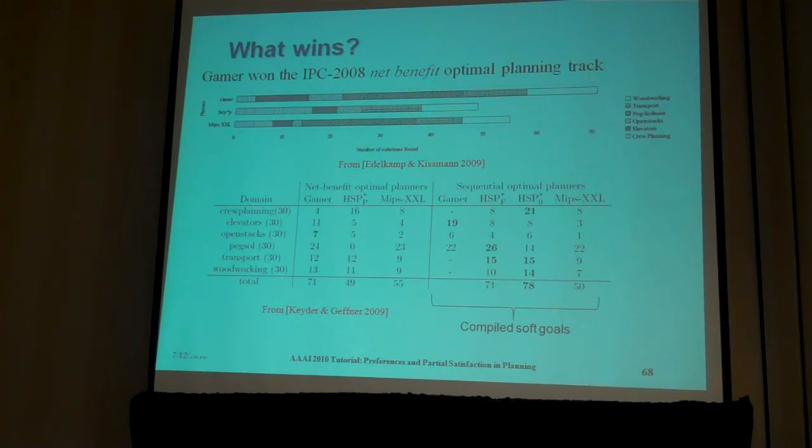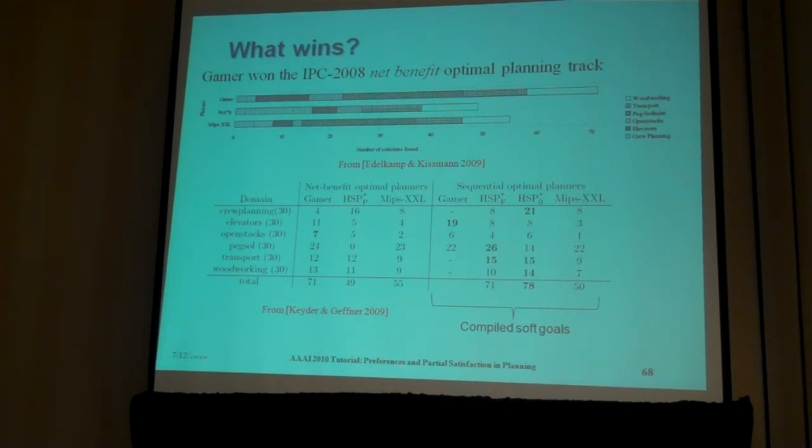If you recall, I only had one slide for the planner because it was quite a simple idea where you take a breadth first search, first going in a regression direction, then going in a progression direction until you meet. And it turned out that this approach did very well. Much better than HSP star P, which I also went over, and another planner called MIPS XXL, which uses external memory.